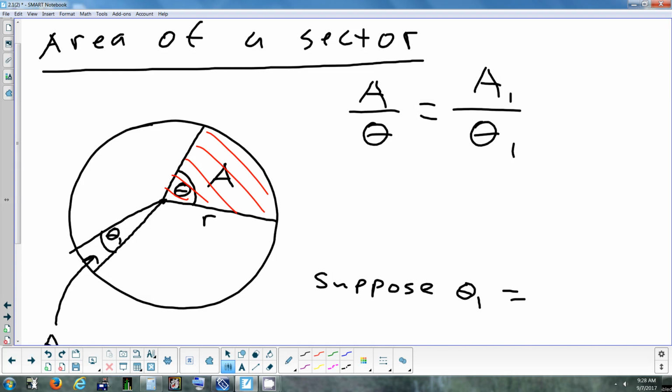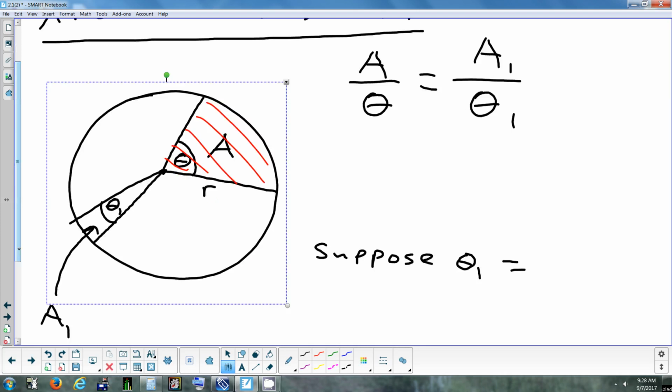And by picking something creatively, we will automatically know the size of the area, just like when we picked the right angle before, we automatically knew the size of the arc. So it's the same idea. Before I give you a hint, does anyone know what you could let theta 1 be, so you would automatically know the area of the region that it creates?